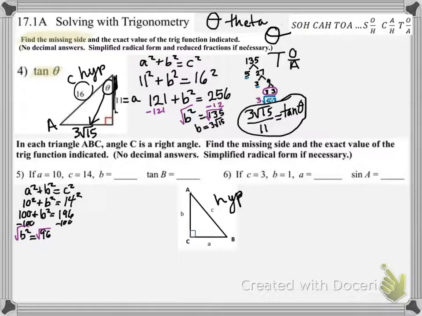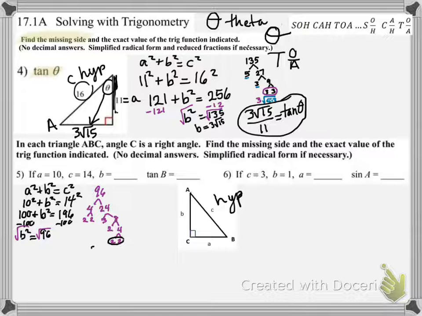It's asking for exact, so I'm going to come over here and work on splitting up my 96 with a factor tree. I know that 96 is 4 times 24, and that becomes 2 and 2. 24, let's call it 3 times 8, and 2 times 4, and 2 times 2.